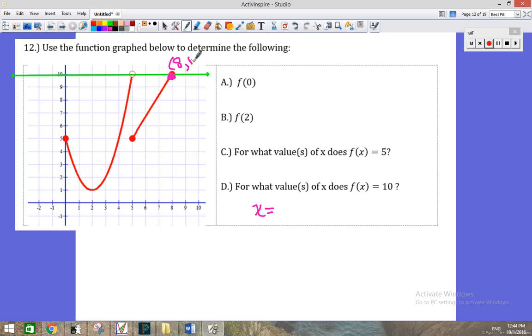Its y-coordinate is 10. That is our only answer because this is a hollow point, and although that hollow point has coordinates 5, 10, that point is not on the graph. So it says for what values of x does f of x equal 10. Here's our graph f, and this 5, 10 is not on this graph. x equals 8 is our only answer for part D.